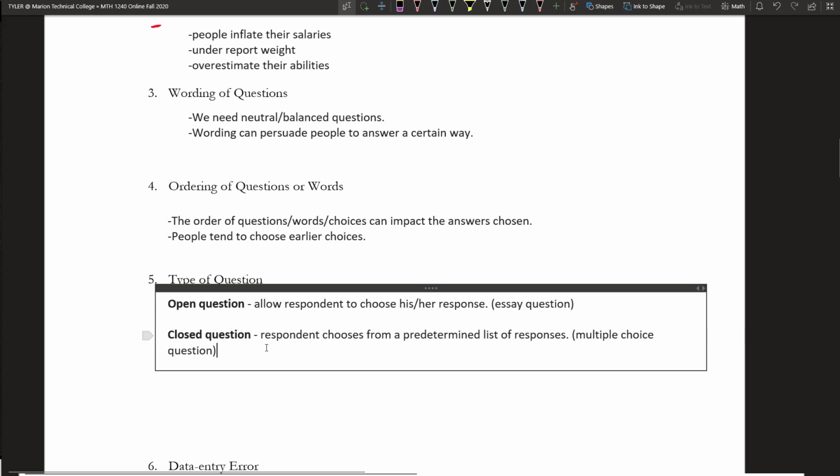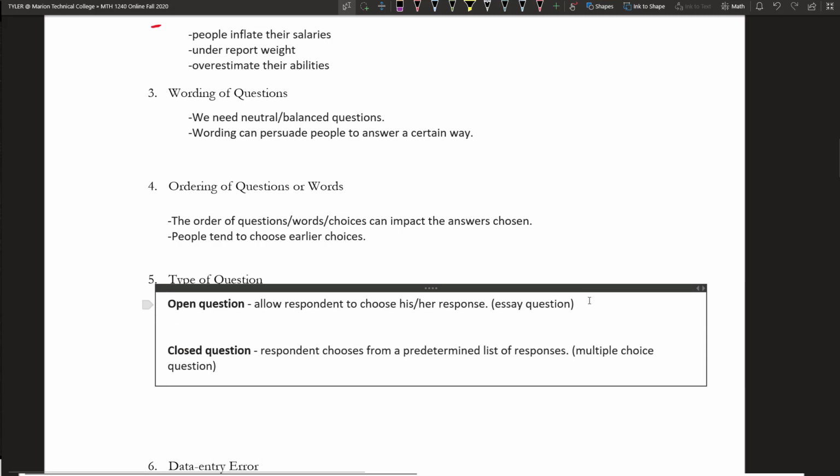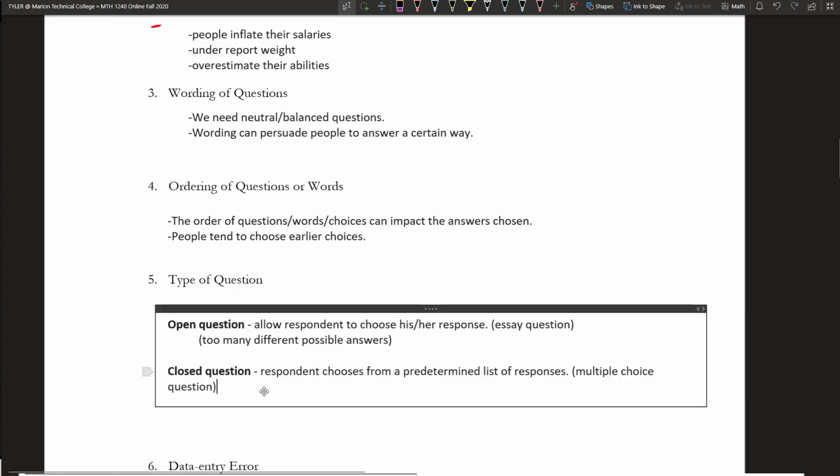So some things to keep in mind with an open question is that there are typically going to be too many different possible answers, right? So that's maybe a con of an open question. Maybe you get a whole bunch of different answers.